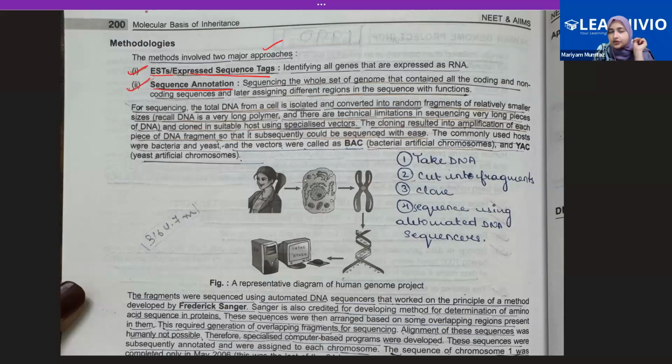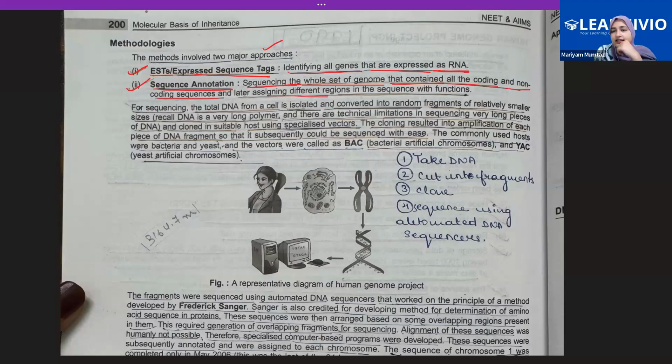The first is identifying all the genes that are expressed in us in the form of RNA. Sequence annotation is sequencing the whole genome, containing all the coding and non-coding sequences, and then assigning the regions with functions.